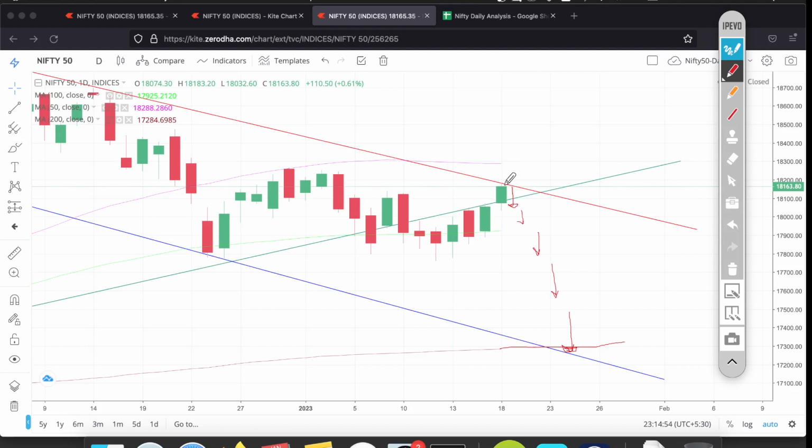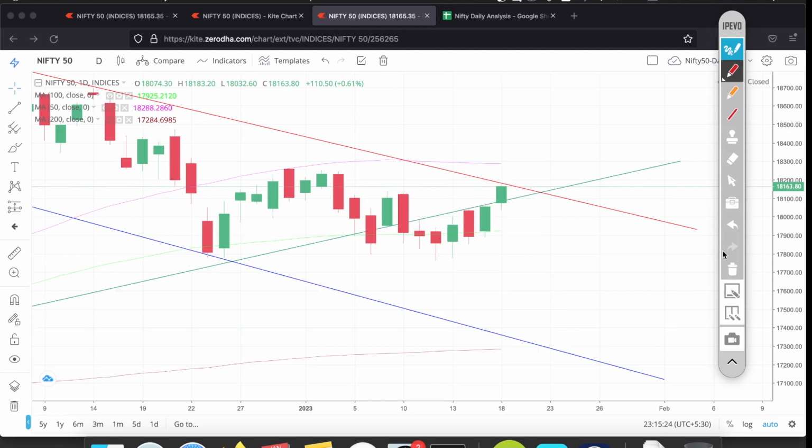And if it acts as a strong resistance now, then price can fall, and it might eventually break this support zone here. So everything depends on the price action tomorrow. Tomorrow, also being an expiry day, is going to be a crucial day. So that is what we can infer from the trend lines and the price action combined together.